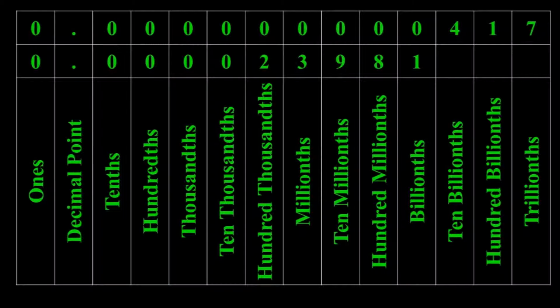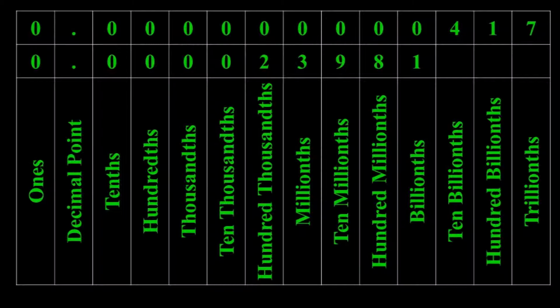Let's take a look at place value. Kb, the top one, is 0.000000000417. I think I said that right. And Ka is 0.00002398. And you can see the place values are going to be listed as follows.